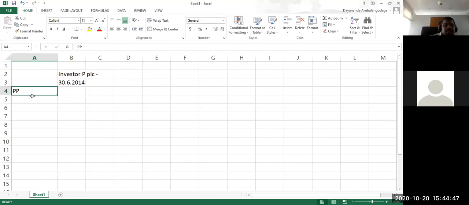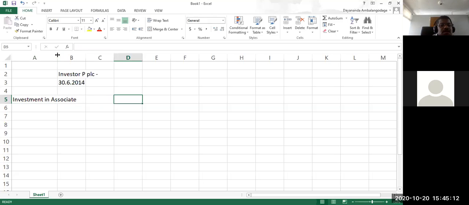Right. Then the balance sheet information. You may have different assets of the investor. In that you get the investment in associate and joint venture.